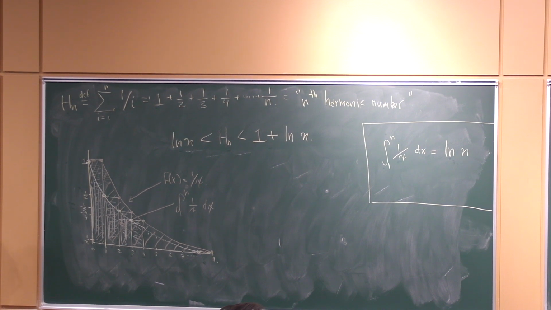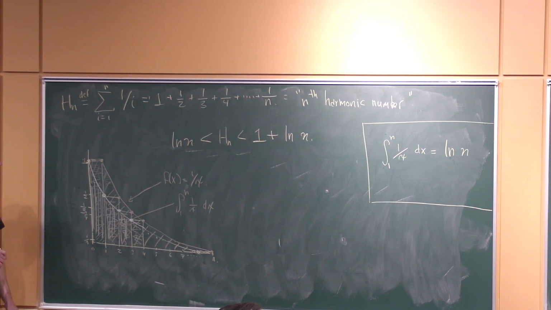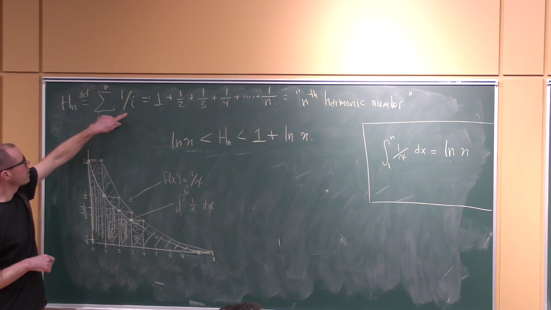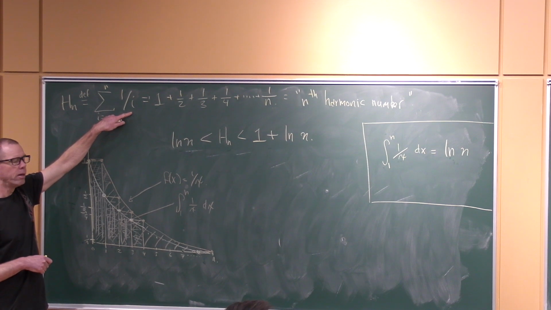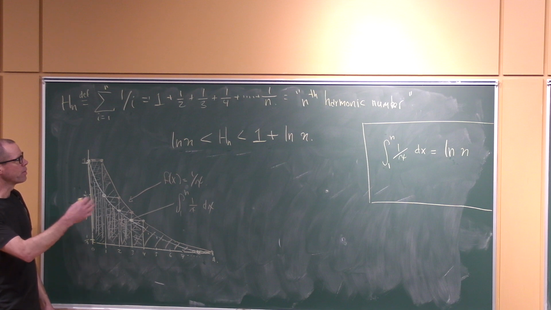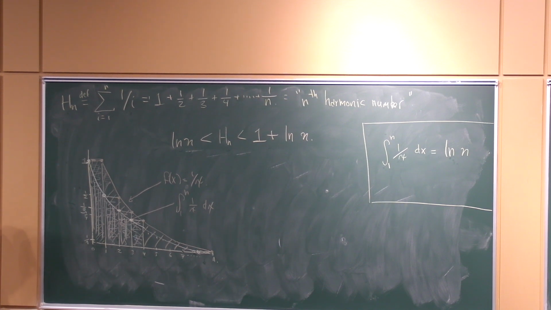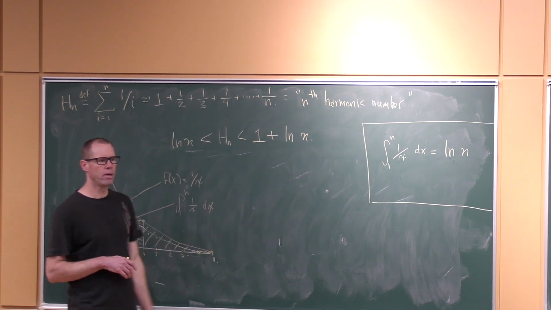But typically when you have a sum like this, where all the terms are always getting smaller or always getting bigger, then usually you can take whatever this function is and take the integral instead. There are various rules depending on whether the function is always getting bigger or always getting smaller, but then you can always sandwich the thing between two of these integrals like this.